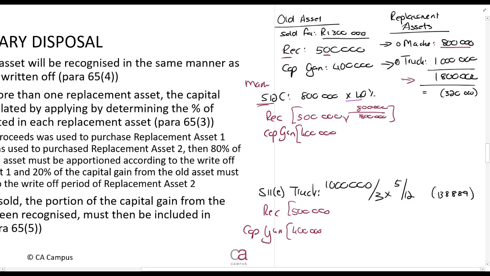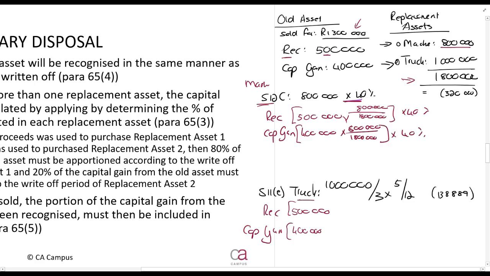Now I'm assuming we had an equal spread of that 1.3 million, so that's why I'm assuming it. So first we apportion it, so that gives us the cost, and then that times 40%. Same now here, times 800 over 1.8 times 40% for the capital gain.